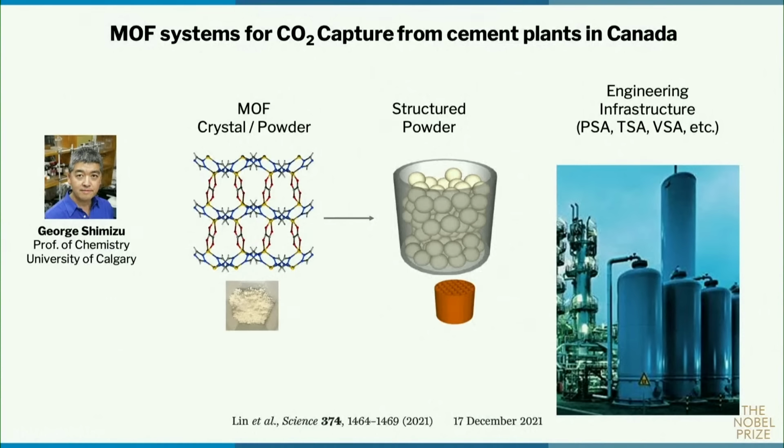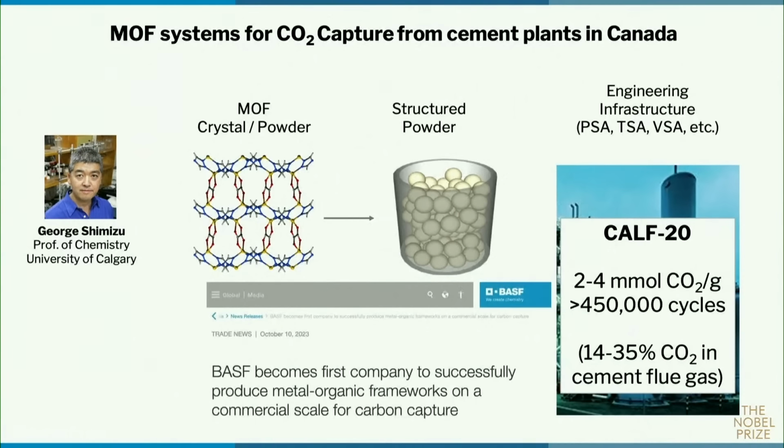So they're big emitters. And so now, with this contribution, BASF is already scaling up this MOF to hundreds of tons. And it is deployed now in at least 3 cement plants, and it's capturing the CO2 from flue gas before it reaches the atmosphere.